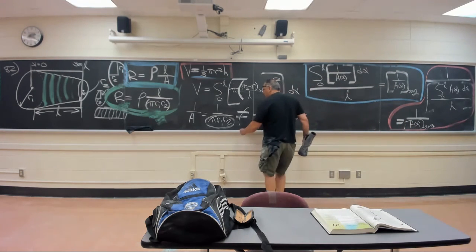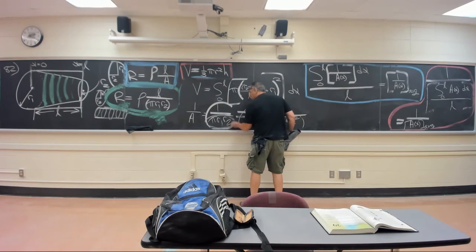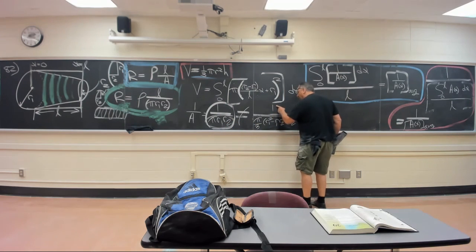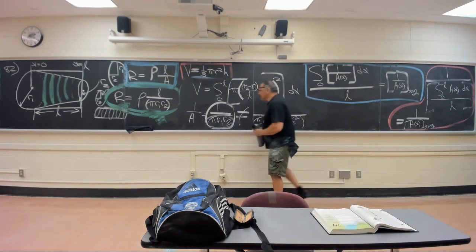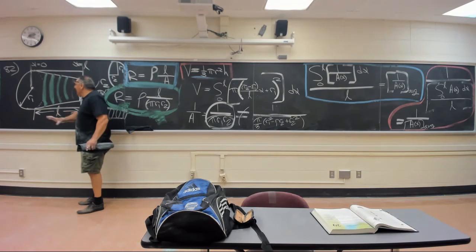This right here, fascinating, is the average of 1 over A. This right here is 1 over the average of the A. In this case we're dealing with the same mathematical object.